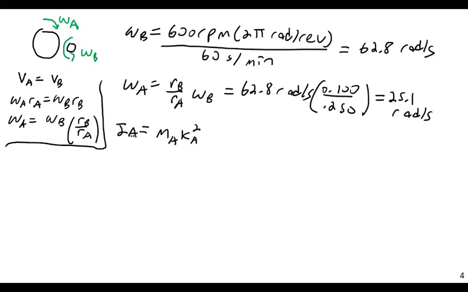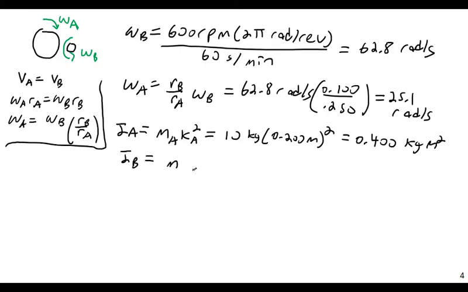So the moment of inertia is equal to the mass times the radius of gyration squared, which is 10 kilograms times 0.200 meters squared, or 0.40 kilogram meter squared.